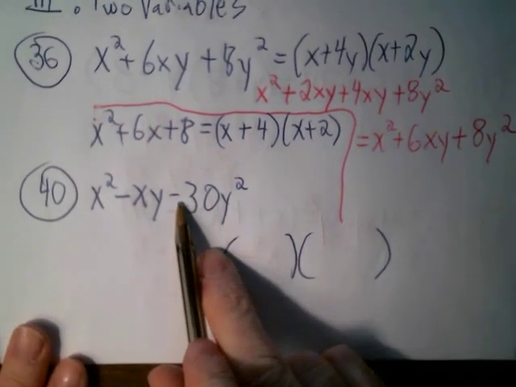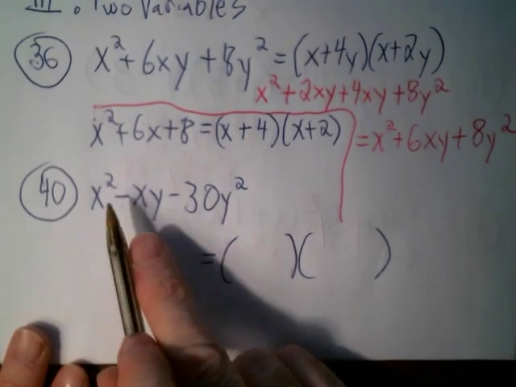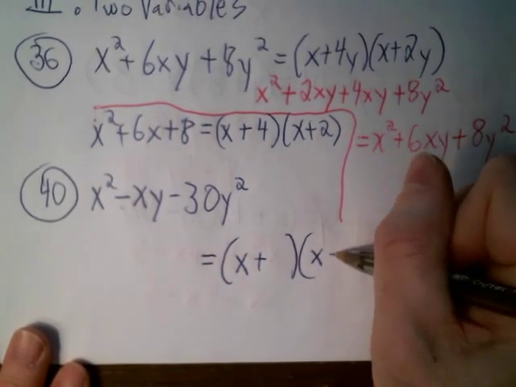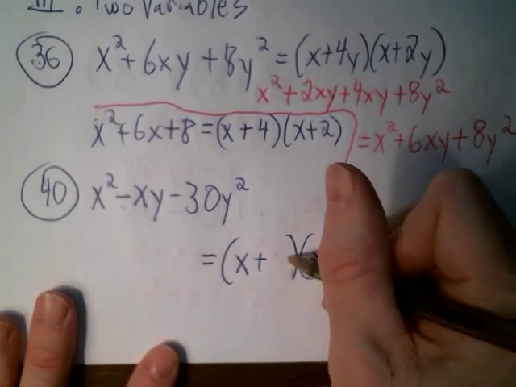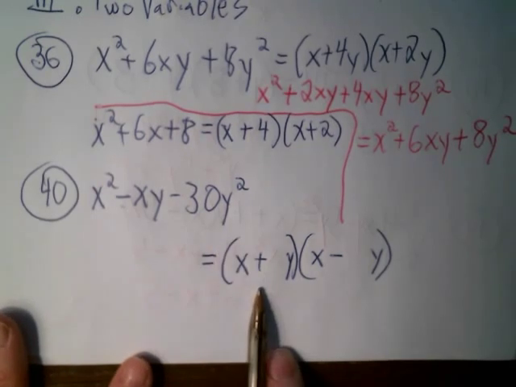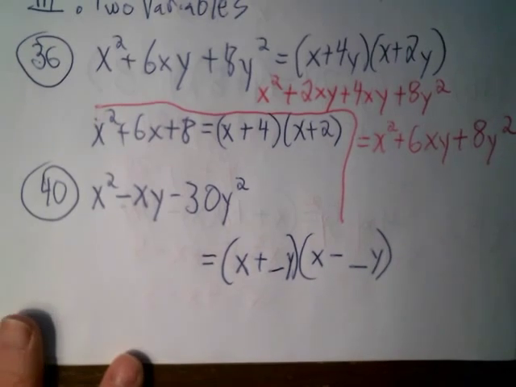It has to be plus minus because of this sign. And then the bigger number will go with the negative because of this sign. So you have x plus, x minus. At this point, you can already put the y in there. We need a y times y to give us this y squared. And then it's a matter of just filling in these blanks in front of the y.